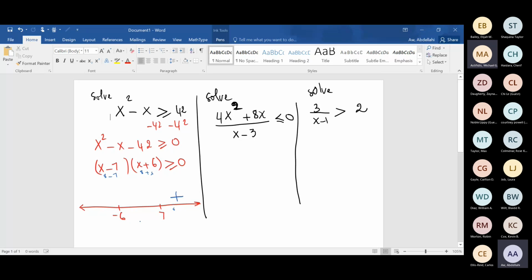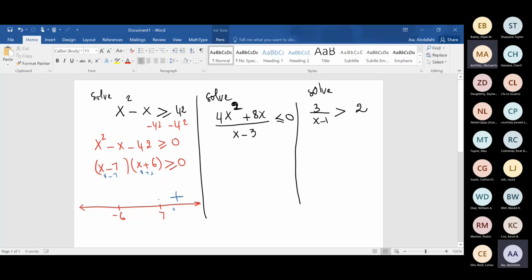Okay? And then between -6 and 7, what's going to be the sign, positive or negative? Negative. It's going to be negative, right? We have two ways to know it is negative. Either you test a number between the two, for instance, 0 minus 7 and 0 plus 6, that's going to be negative.